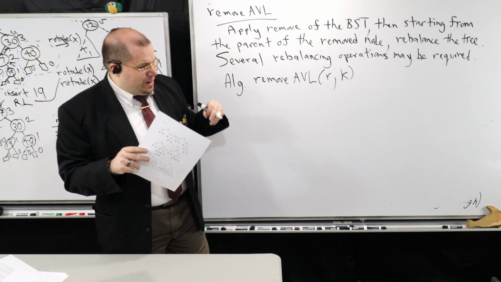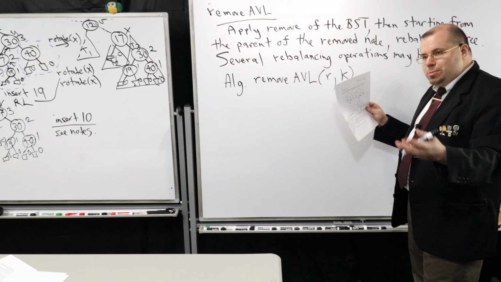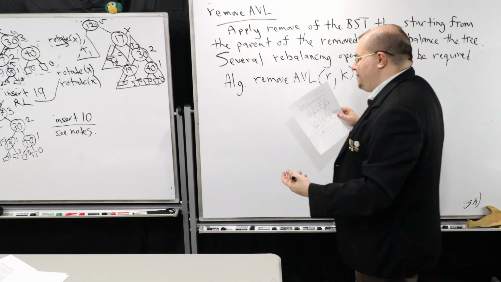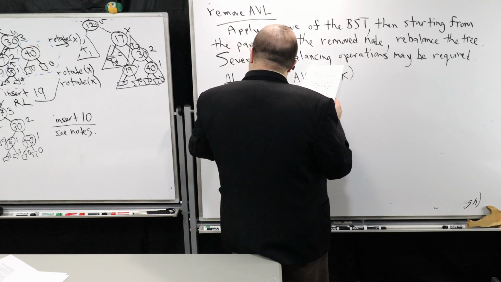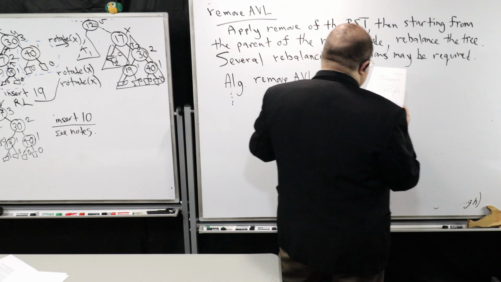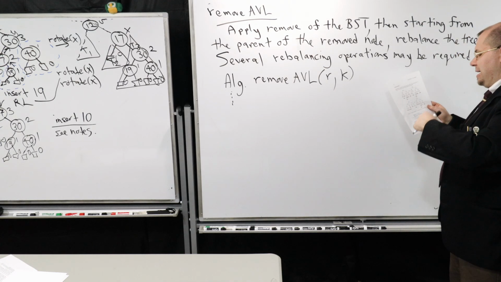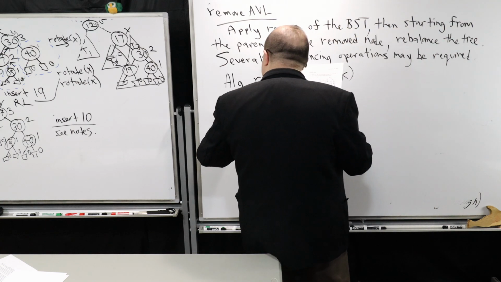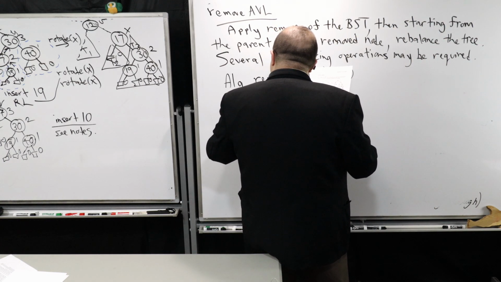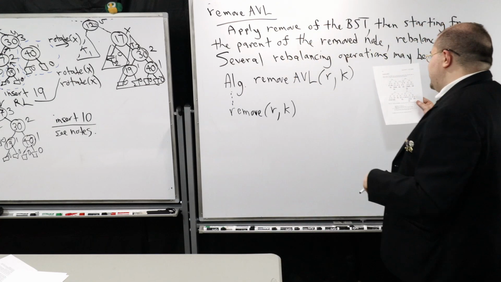I'm just preserving this, but you don't necessarily require it because you could simply use remove from the BST, which has that functionality. The input and output are pretty straightforward. It's just the root of the AVL tree and the key K, and then simply remove K from the tree. For the sake of brevity, I'm just going to give you the algorithm itself. So first I apply remove with the root and K.